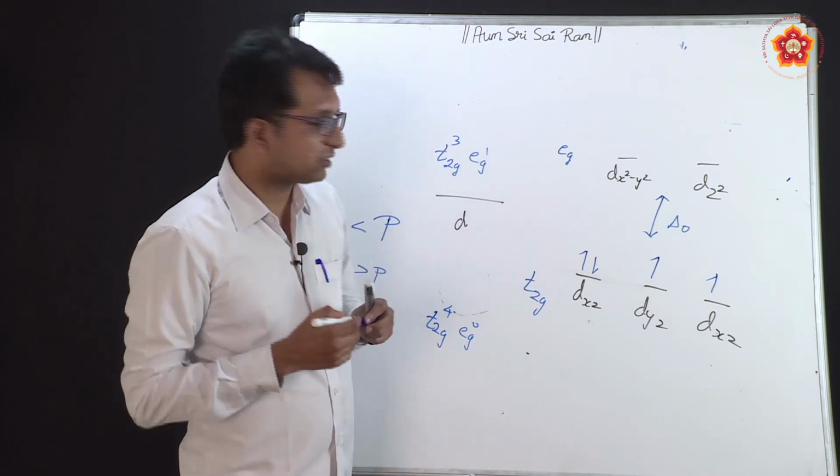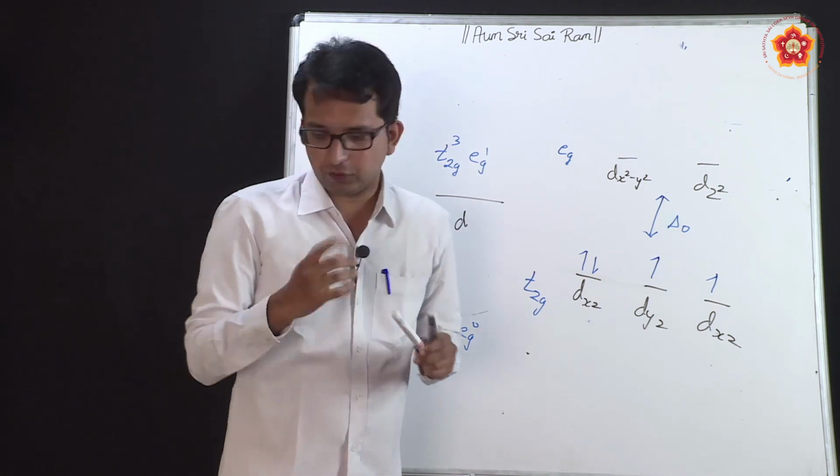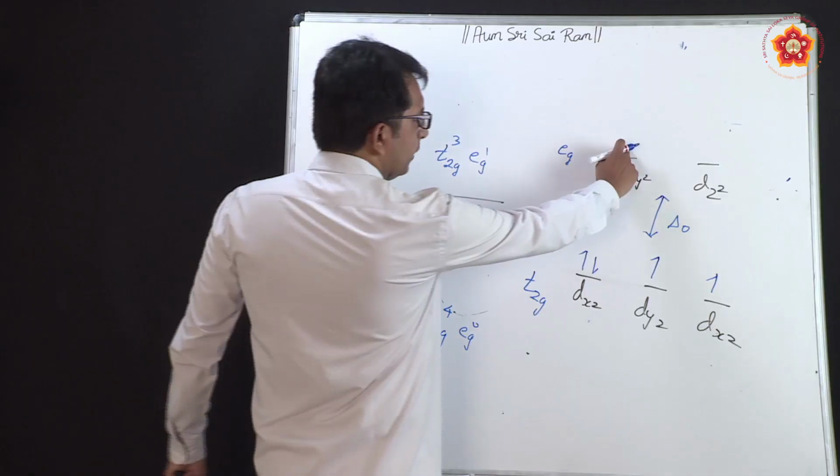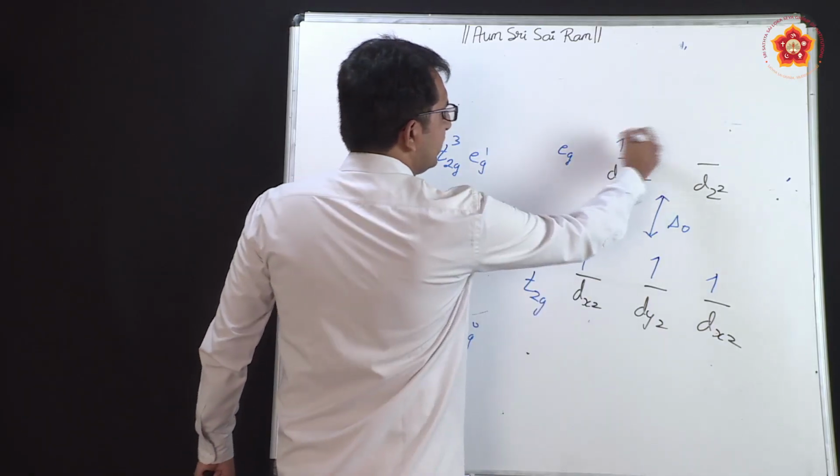So let us just revise whatever I told. If you see it here, if delta naught is less than P, the fourth electron enters one of the eg orbitals. Why has it entered the eg orbitals? It is because these systems are able to have lesser energy, and if they go up, we generally call them weak ligands.